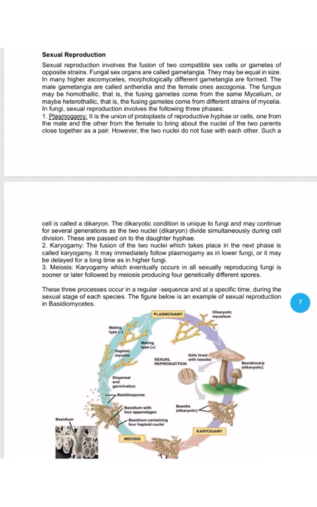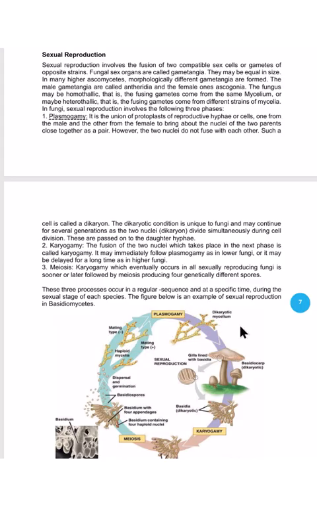As you know, in the process of meiosis, one cell can give rise to four haploid cells, and each of these haploid cells becomes a gamete for further sexual reproduction.